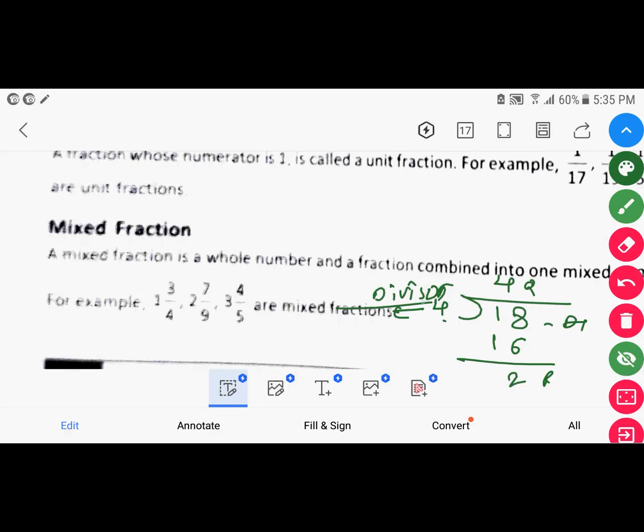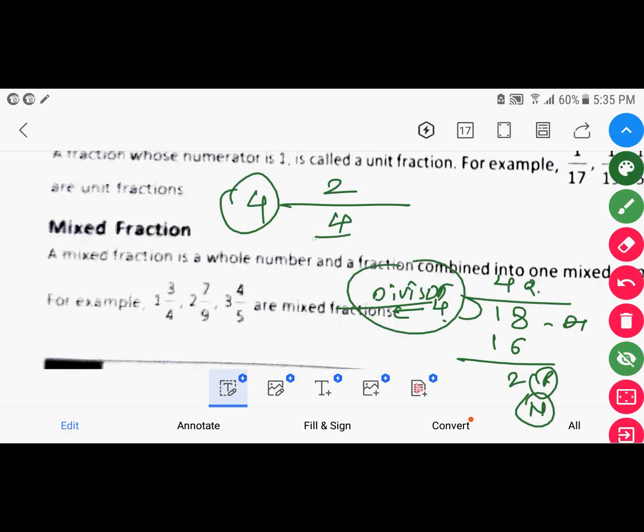So how will I represent it as a mixed fraction? See, the divisor will be at the denominator. Whatever quotient you got, you write as a whole number, and whatever remainder is there, you write as the numerator. So remainder is written as numerator, quotient is written as whole number, and divisor is represented by denominator.